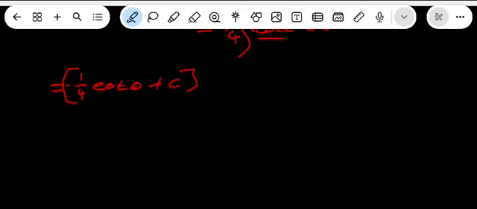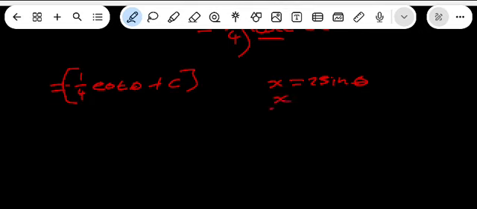Initially we said that x is equal to 2 sine theta. Making sine theta the subject, we divide by 2 on both sides.